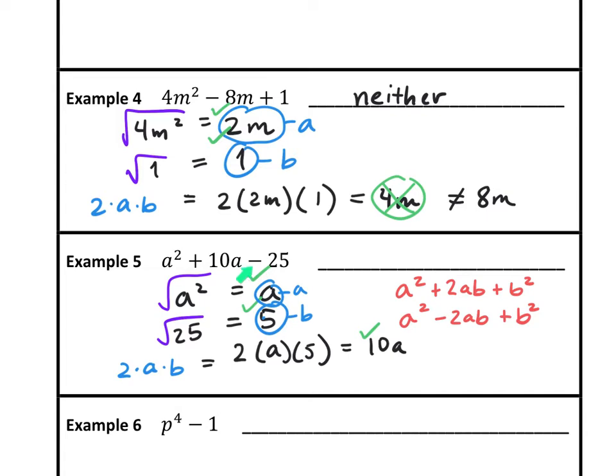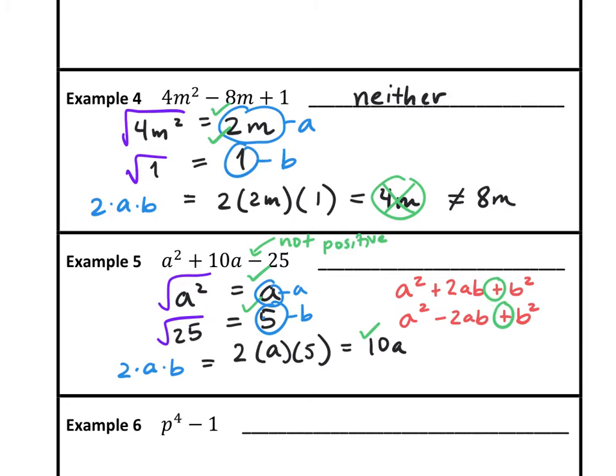And so here, there is no plus. There has to be a plus. It has to be positive. So it's not positive, but it has to be.